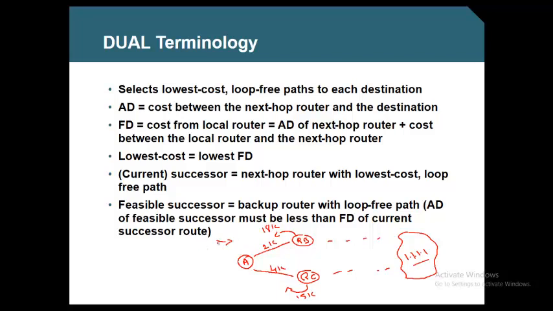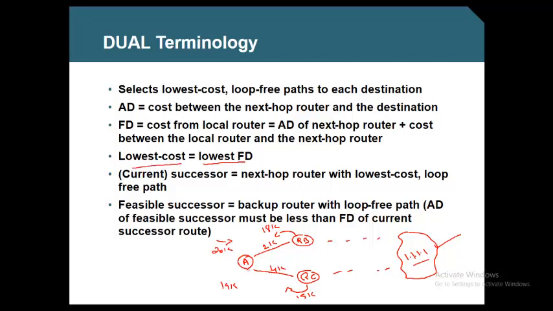Via router B, 20K. 20,000. What is the metric via router C? What is the FD? 19K. Now, both router B and router C can take you to 1.1.1.1, but which one will you take? You will take the lowest FD as the low cost.